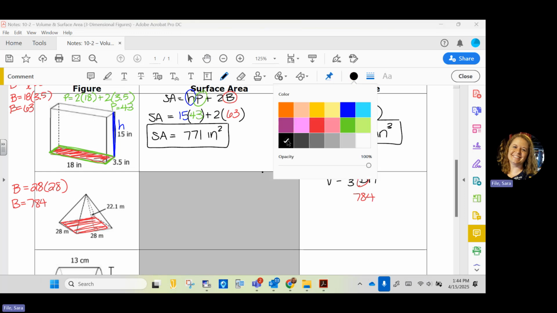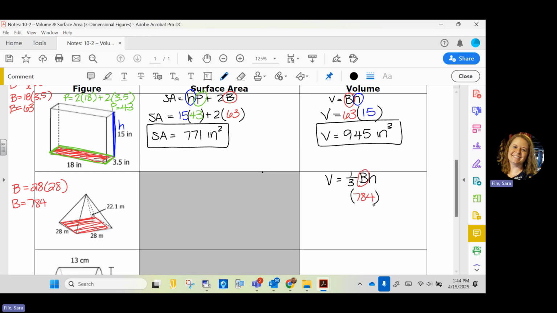Now, where this one gets tricky is the height. Because this that they have labeled 22.1, see how it's coming on the front edge? It's like this front triangle where it's drawn to this base side on the edge. Do y'all agree? It's not down into the middle.